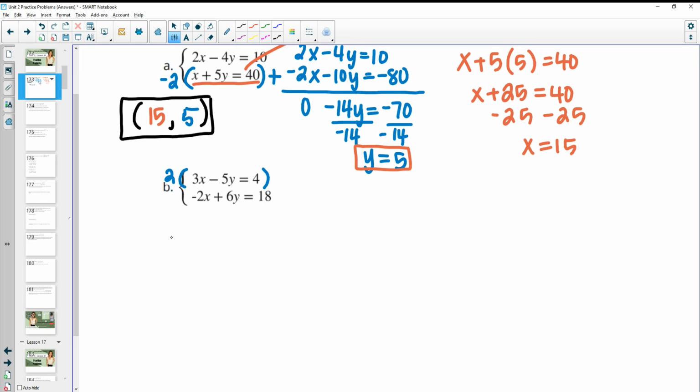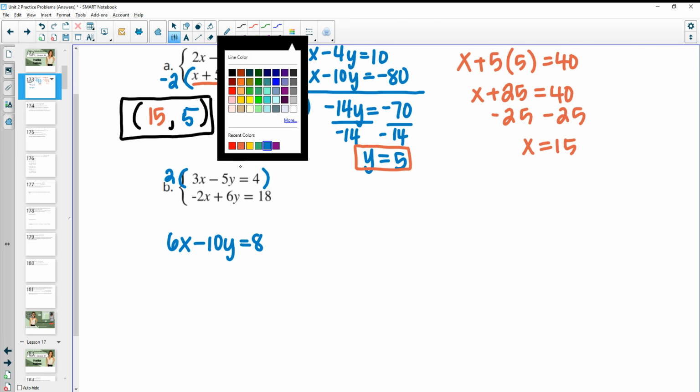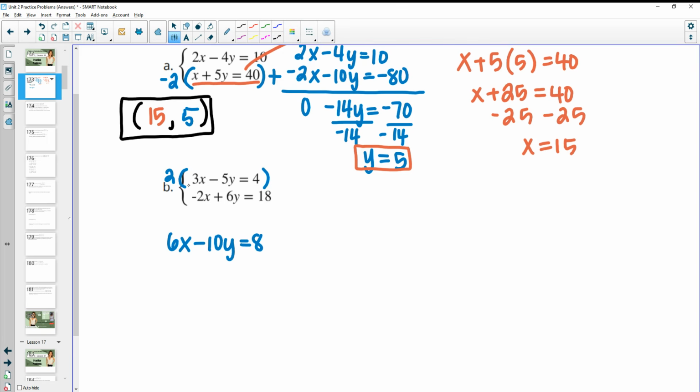So 2 times 3x gives me 6x, 2 times -5 gives me -10y, and then 2 times 4 gives me 8. Then for the bottom equation, I'm going to multiply this by 3. So 3 times -2x is -6x, which got me opposites, which was my goal.